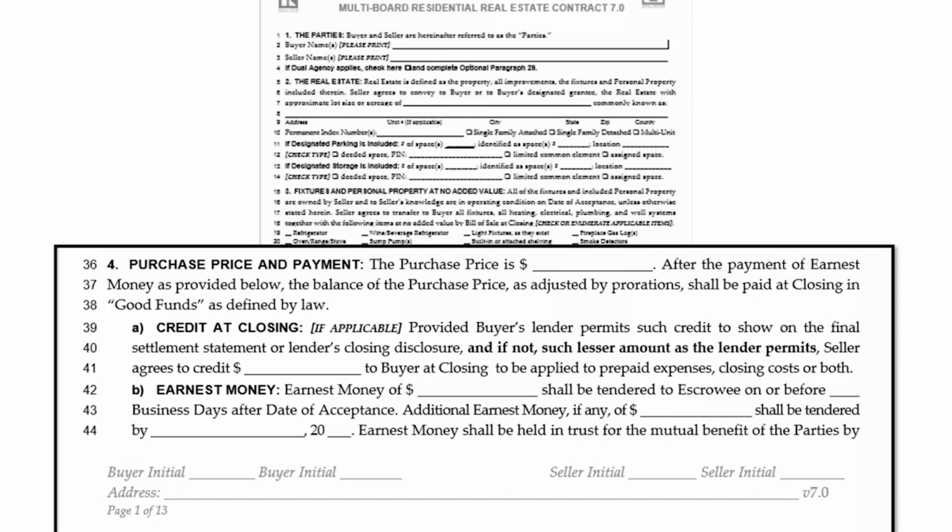Then we have additional earnest money, if any. You do not have to have 2 batches of earnest money, but you could have. So if I said I'm going to give you $1,000 worth of earnest money in 5 business days, and let's just say this is a $300,000 house we're selling, that's not going to be enough earnest money. So I would then possibly say I will bring you an additional 3,000 more, or 2,000, or 5, whatever your managing broker says is appropriate, by a certain date, not a blank number of days, but by a certain date.